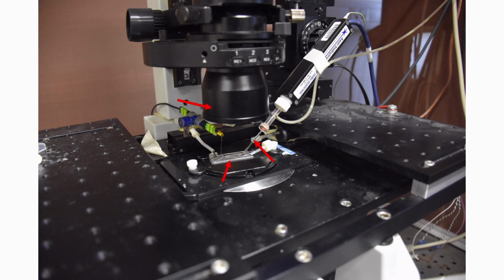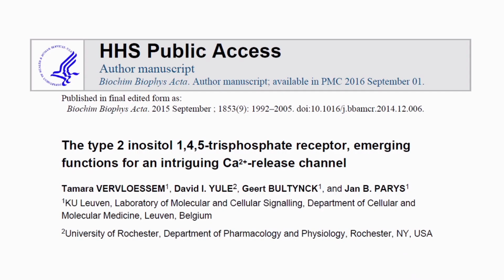On-nucleus patch clamp is mostly used for inositol 1,4,5-trisphosphate receptors and ryanodine receptors. For example, it was used in the article The Type 2 Inositol 1,4,5-trisphosphate receptor: Emerging Functions for an Intriguing Ca2+ Release Channel to understand the mechanism of ATP regulation of the type 2 inositol trisphosphate receptor.